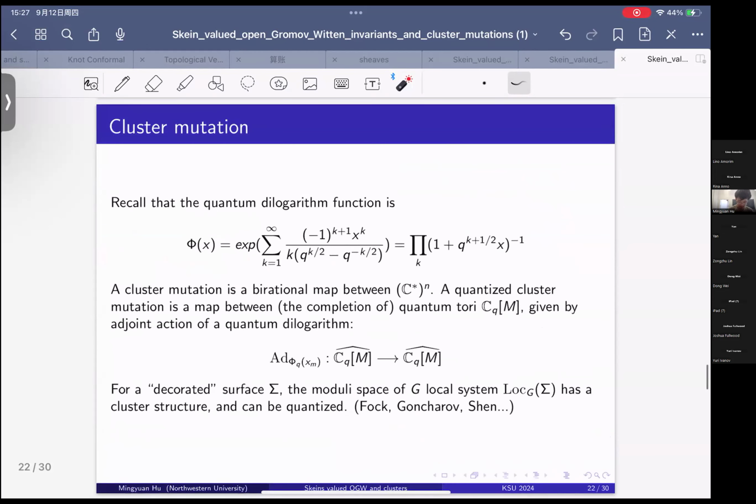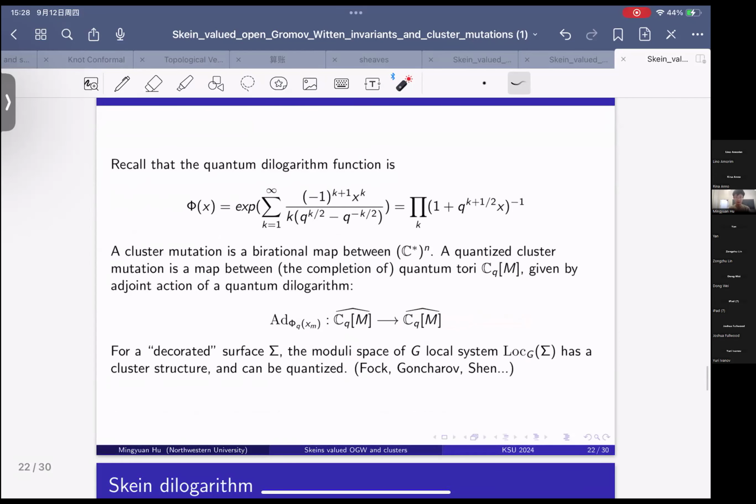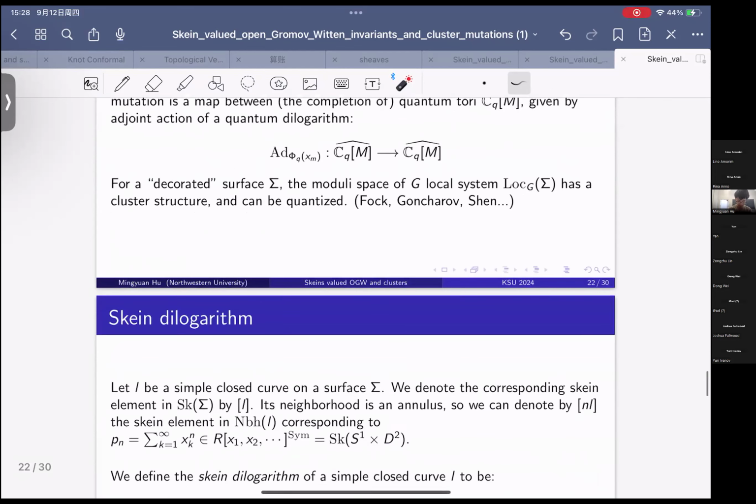A cluster mutation is just a bidirectional map between tori, written down in some formula. And a quantum cluster mutation is a map between the completions of quantum tori, given by conjugation by the quantum dilogarithm. It's like this, and there's a whole story about this; it is a whole subject.